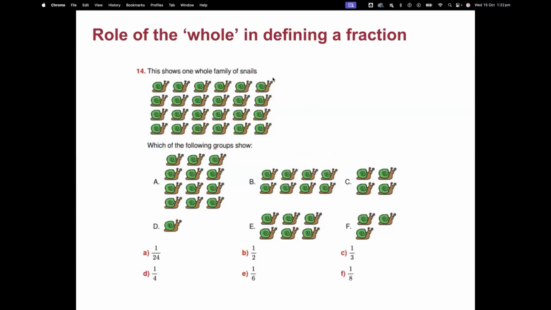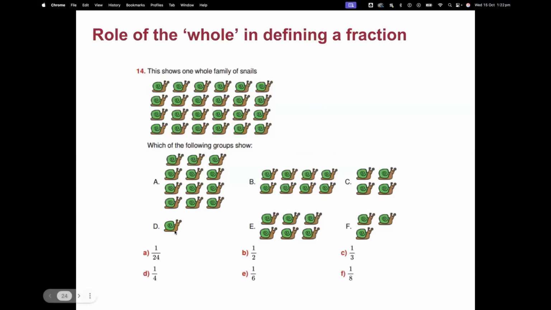And then think about if I have one of these out of how many groups. So you'll see if we count them, we've got 1, 2, 3, 4, 5, 6. And so 1 out of 6 parts has got to be that fraction here. And you can continue the same reasoning and logic for the rest of those collections as well.